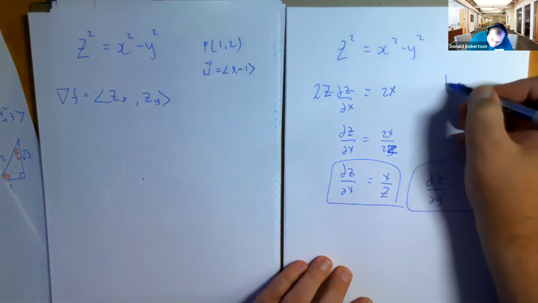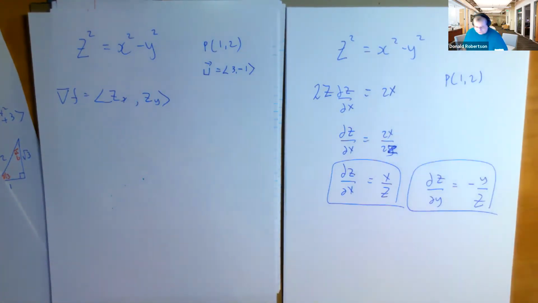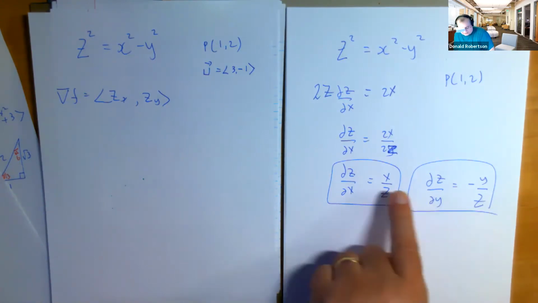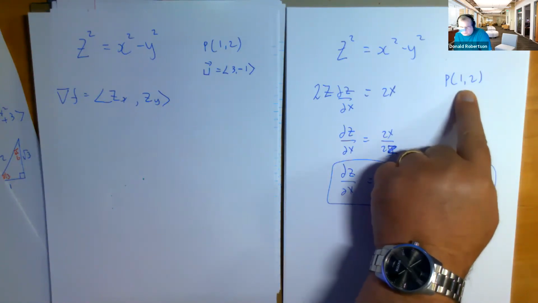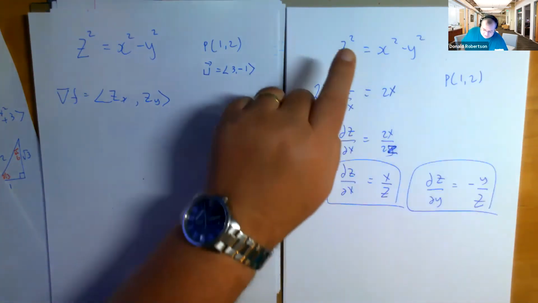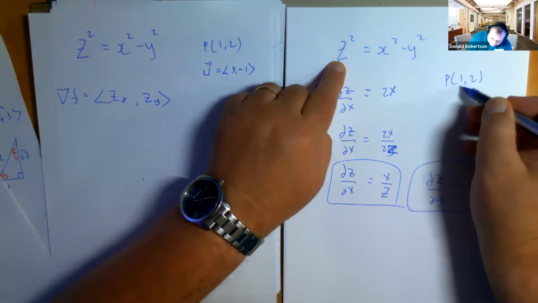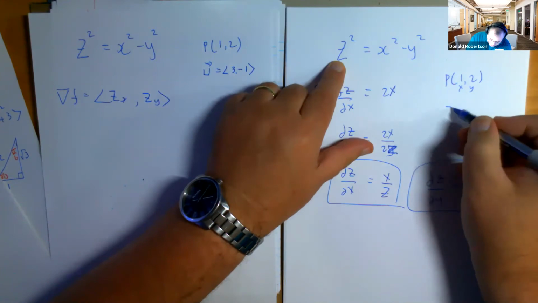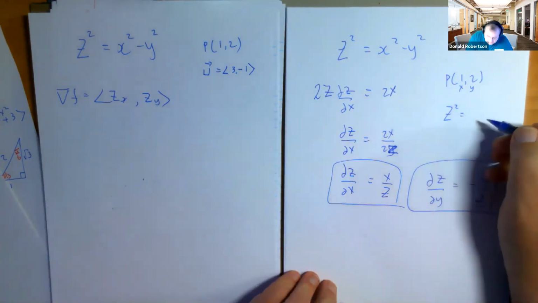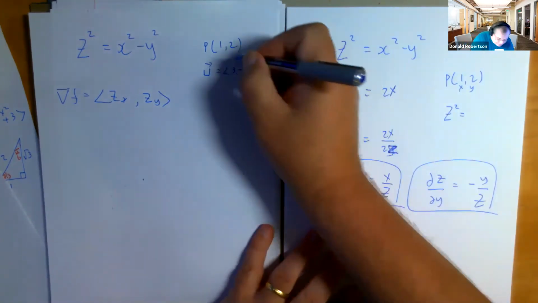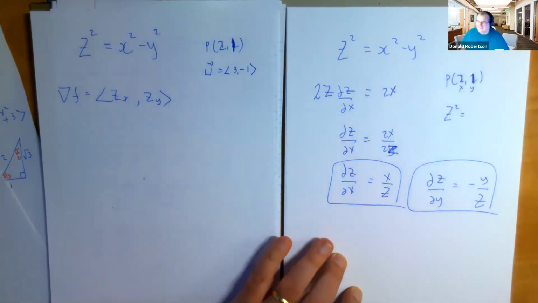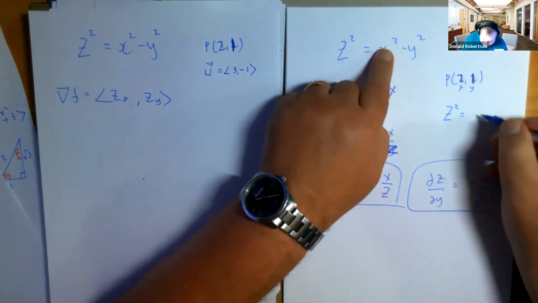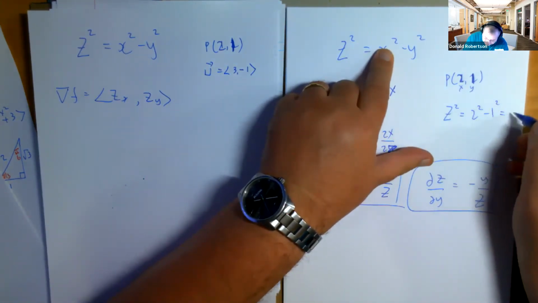Now, I also have the point (1, 2). But to get these numerical answers, don't I now need to know what the z value is at (1, 2)? And if you plug in x equals 1 and y equals 2, you get z squared. I should have thought of my question. Can we pretend the question was at (2, 1)? You get 2 squared, take away 1 squared, you get 3.